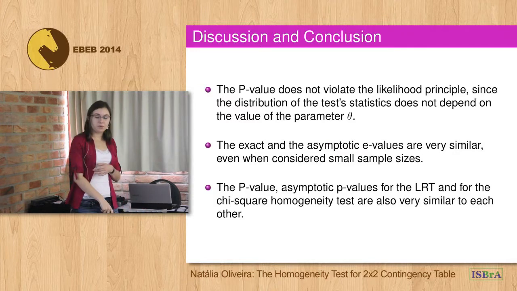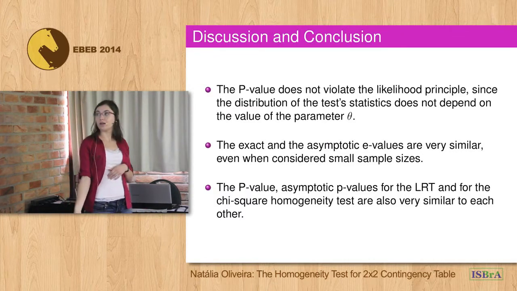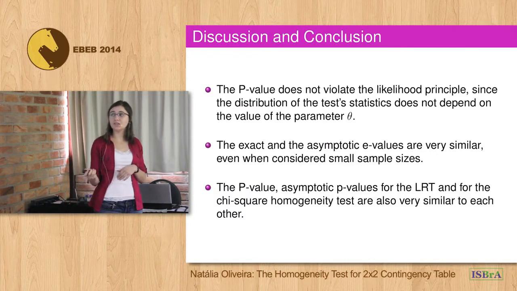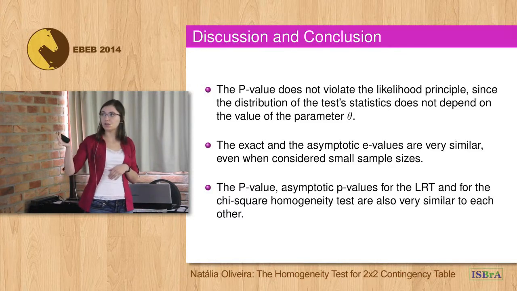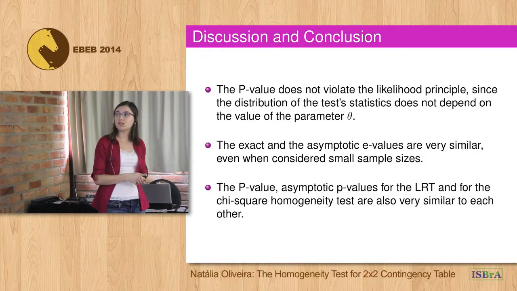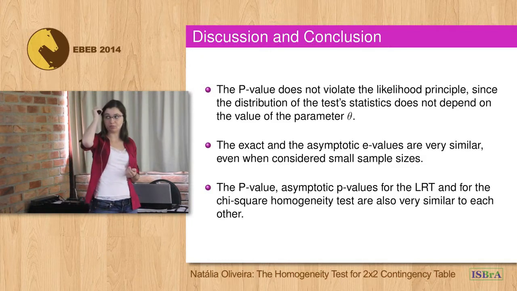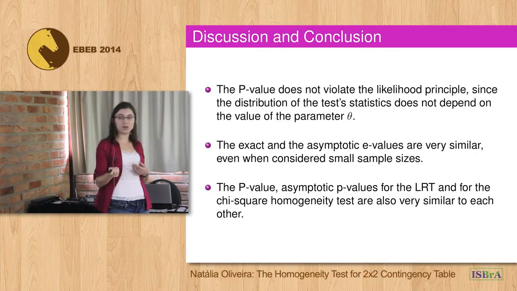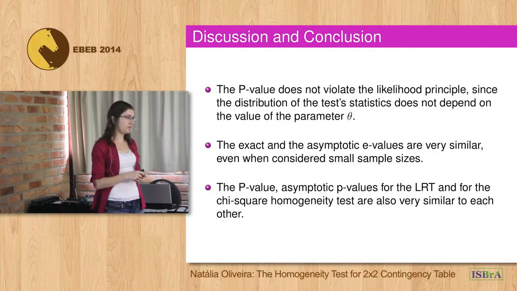So, the capital P-value does not violate the likelihood principle. And since the distribution of the test statistic does not, it happens because the sample distribution does not depend on theta. We have also that asymptotic e-values are very similar, and the same thing also happened for all three p-values, even having the capital P-value constructed under a completely different idea.